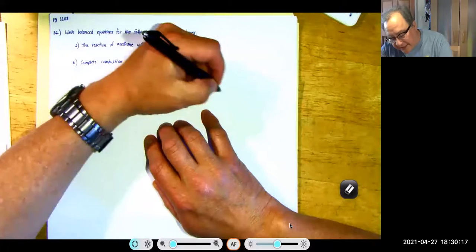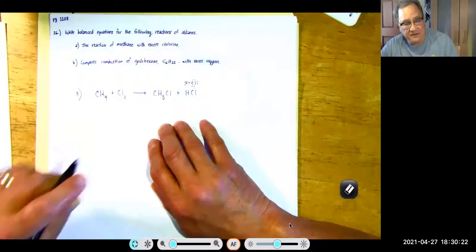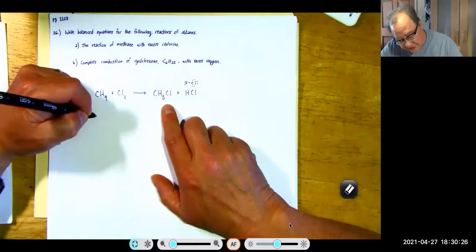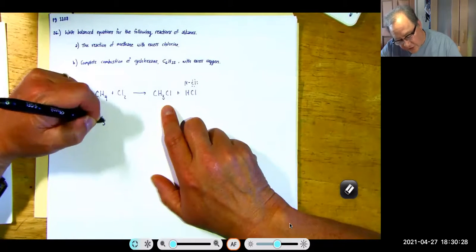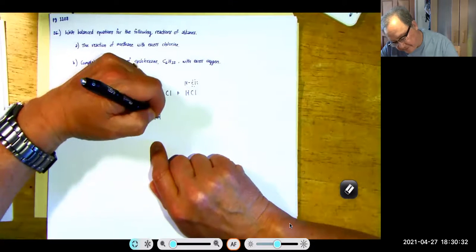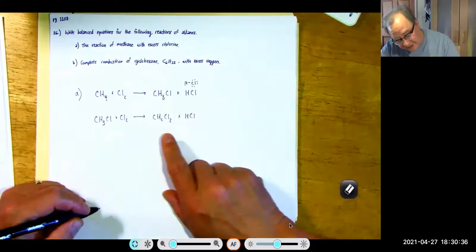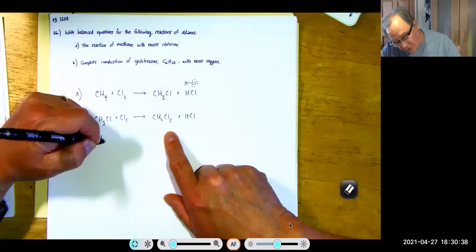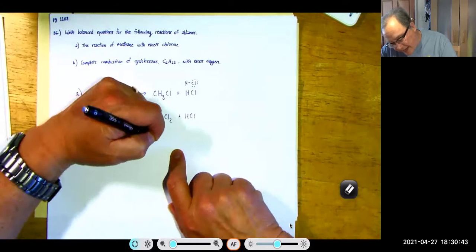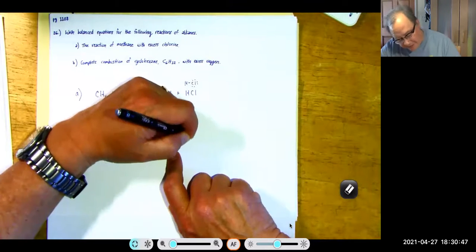So this is really this HCl. There's no proton. Right. Okay, now this is also going to react. This is also going to react. So what's happening to this methane is that one by one, the hydrogens are being replaced.